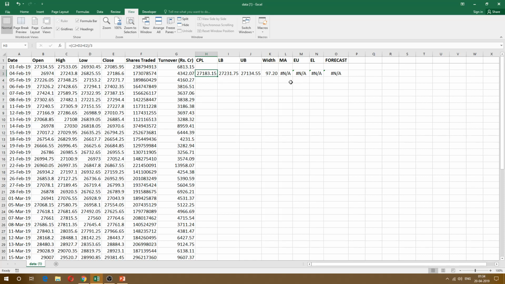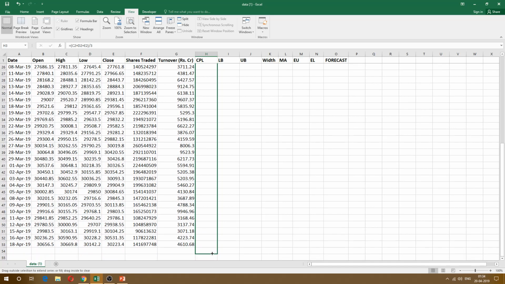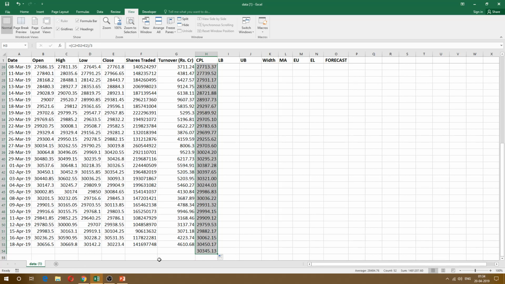First of all, once you have entered this formula once, this is for people who are new to Excel, all you need to do is place your cursor here. You will find a black plus sign, and as soon as that plus sign appears, click and drag all the way down, and one additional row, because we need to forecast for the next trading day.